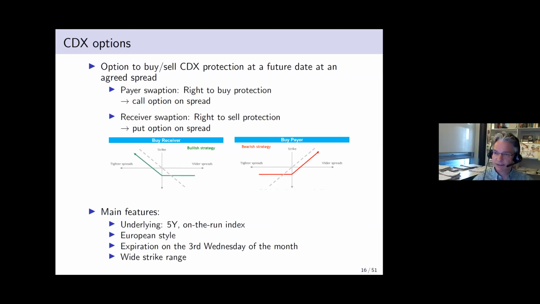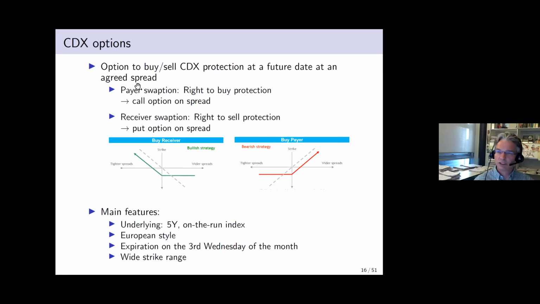Okay, so to convince you that these are the right products to compare, the payer swaption is the right to buy protection at some future date. So you will agree on the strike, which is this upfront, and at some future date, you will have the right to enter the CDX at some fixed upfront. Obviously, if at that time the upfront in the market is higher, then you will have made money.